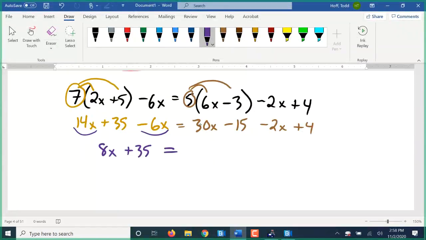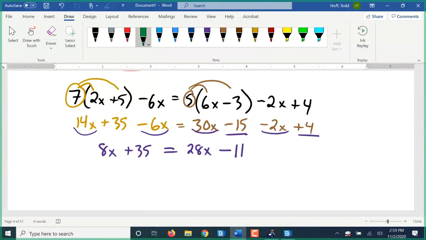We'll keep combining. We got 30x and negative 2x is 28x. Negative 15 and a positive 4 is a negative 11. We have now combined everything that we can combine on either side.